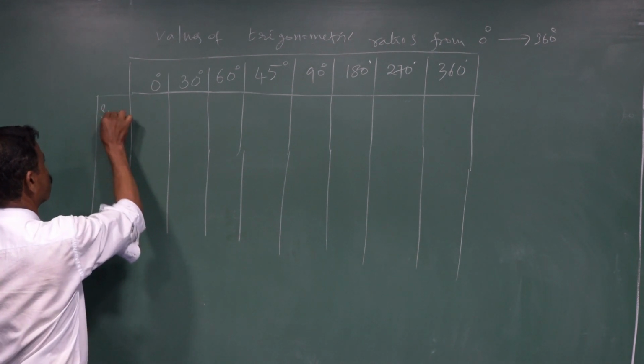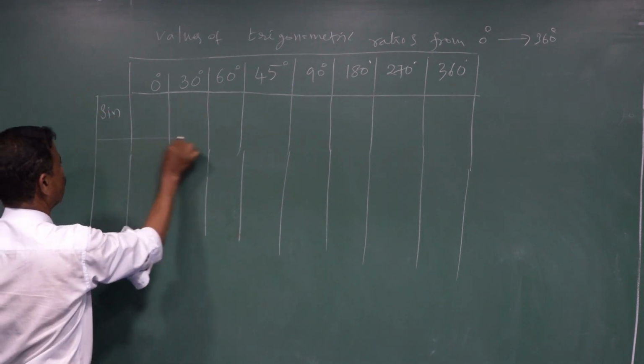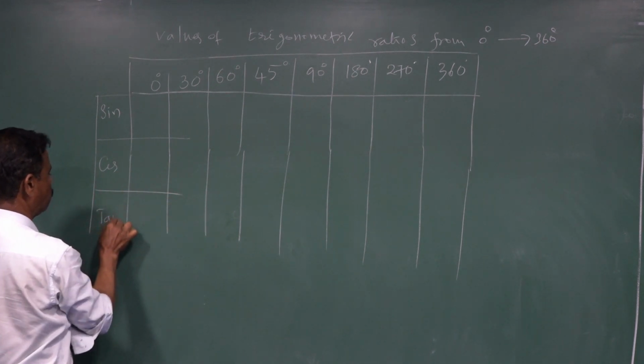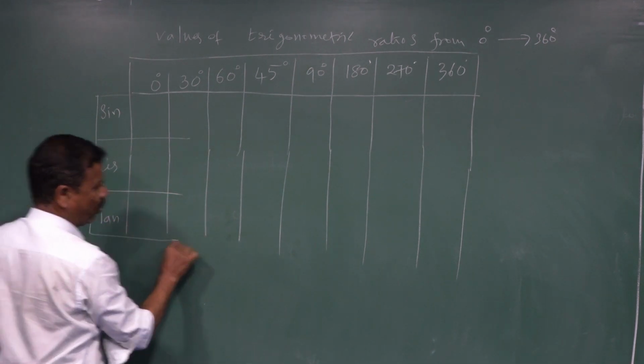Here ratio sin, after that cos, after that tan, up to 3 ratios enough.